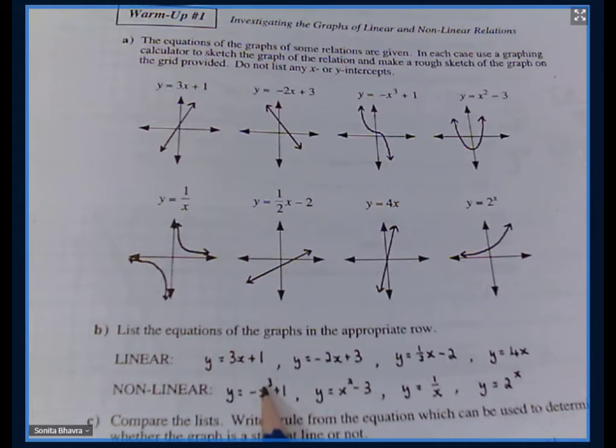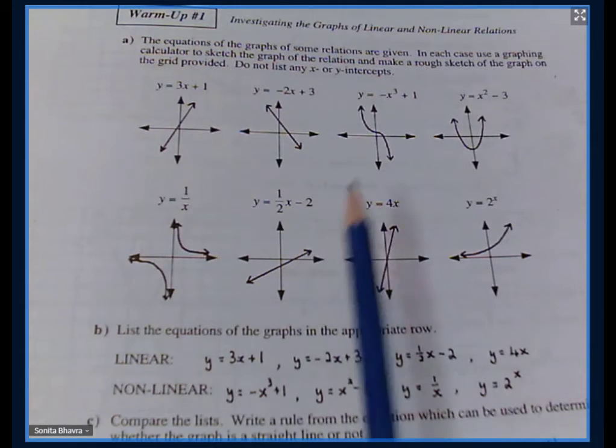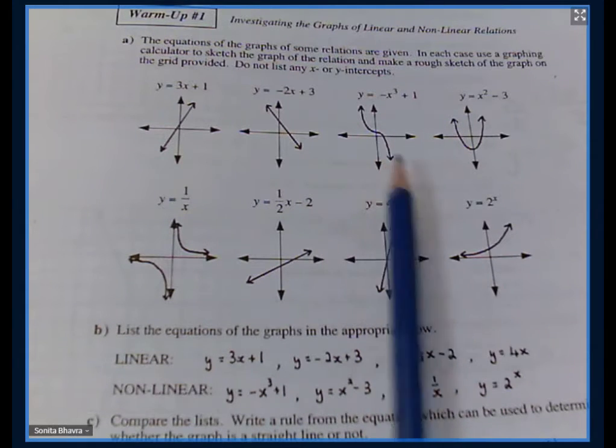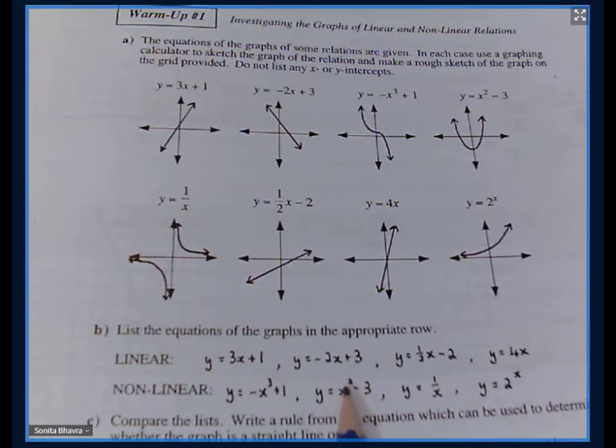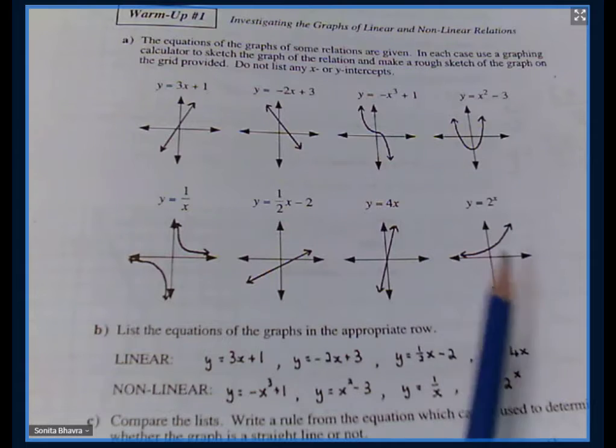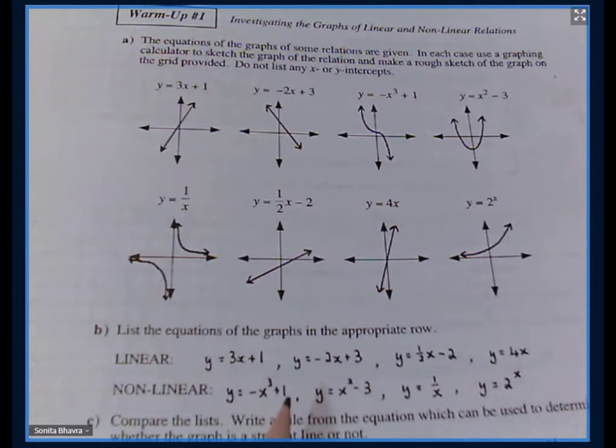Here we have a cubic function, exponent of 3. That would be this one here. So the graph would look like this. A squared graph, exponent of 2, looks like this, and so on. So if you have a graph that's a straight line, the x that we see and the y both have an exponent of 1.